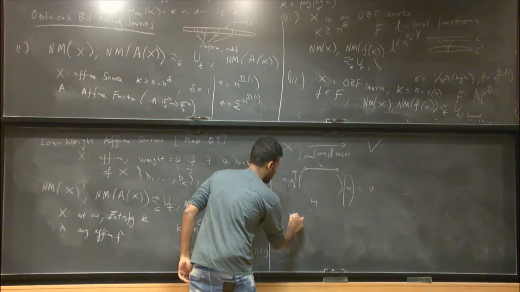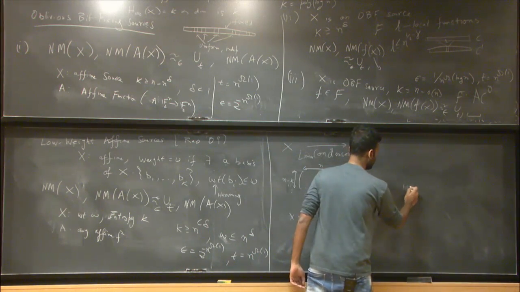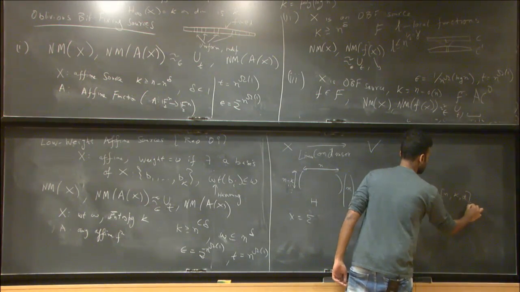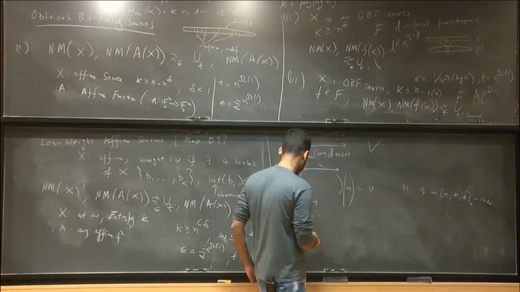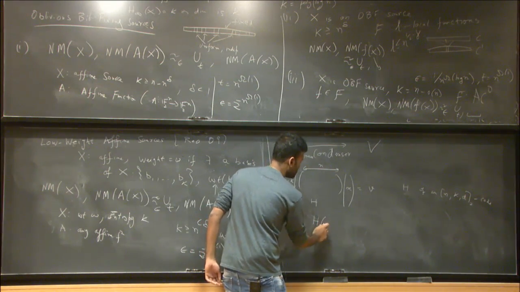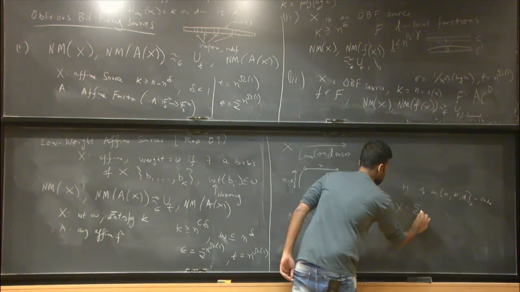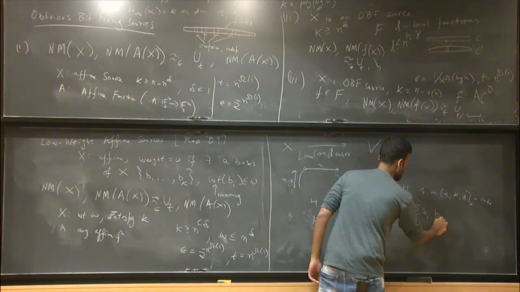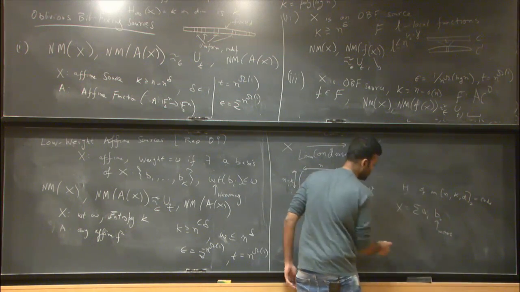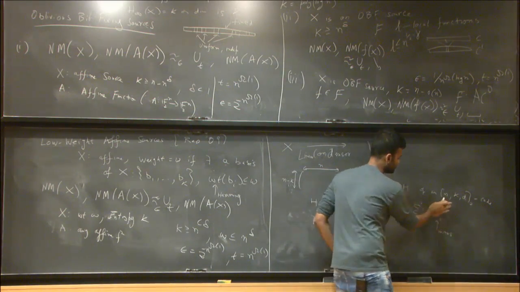If H is the parity check matrix of some n, k, d code, and x is a summation of alpha i times bi, where these bi are the basis of low weight vectors and these alpha i are the coefficients. I've used k too many times.